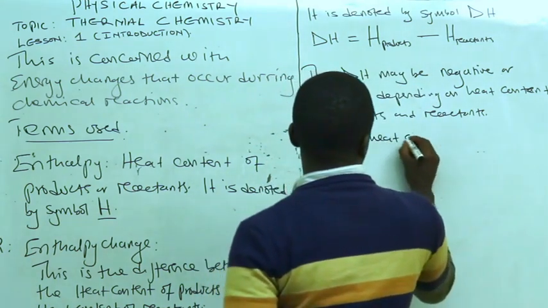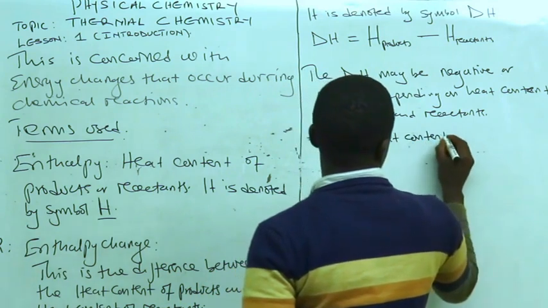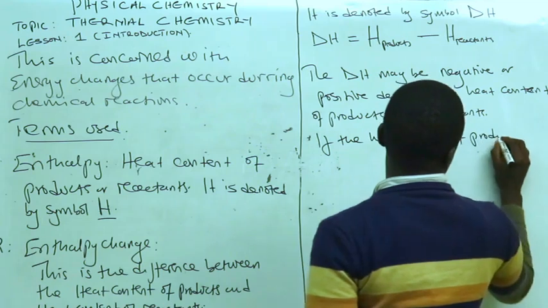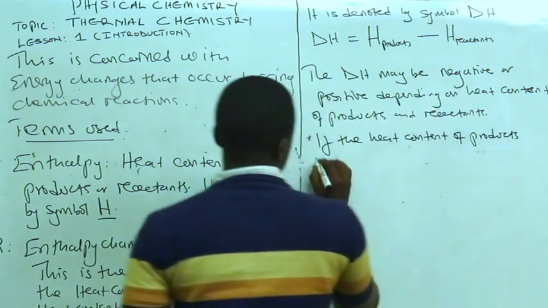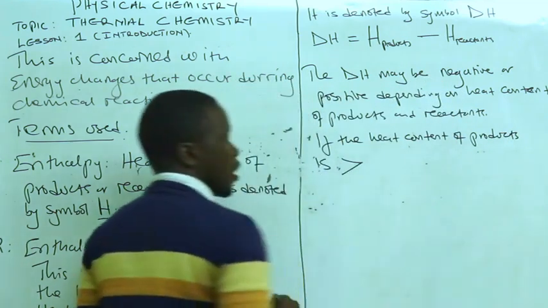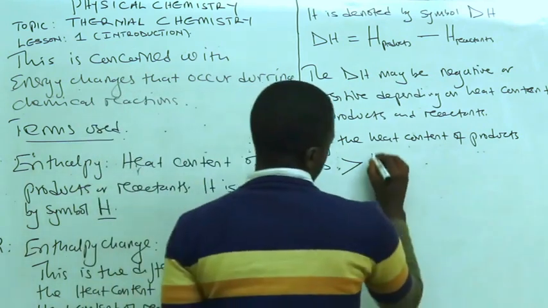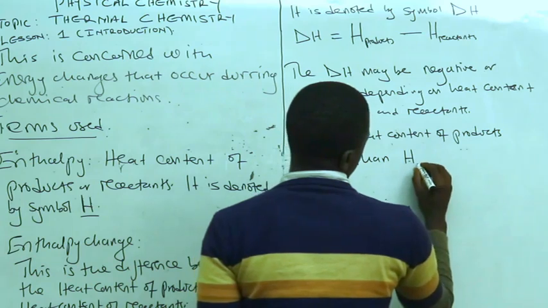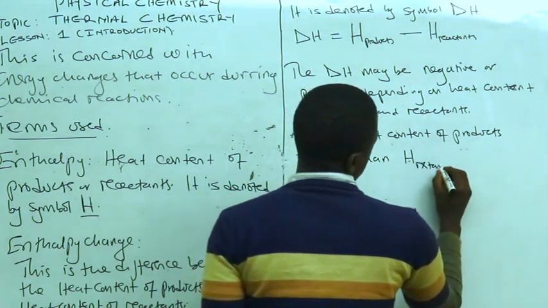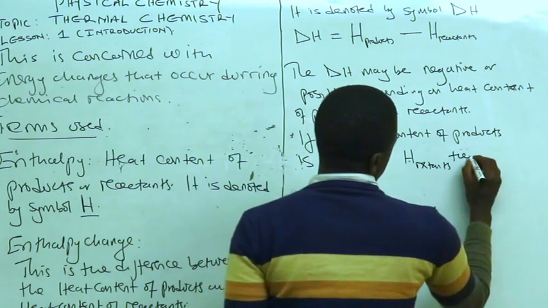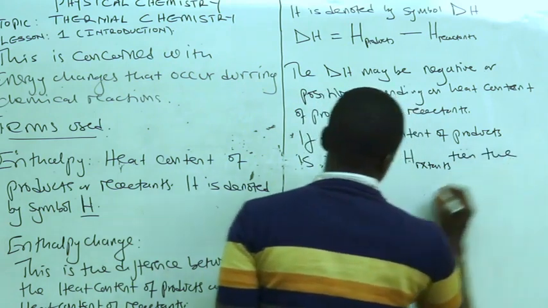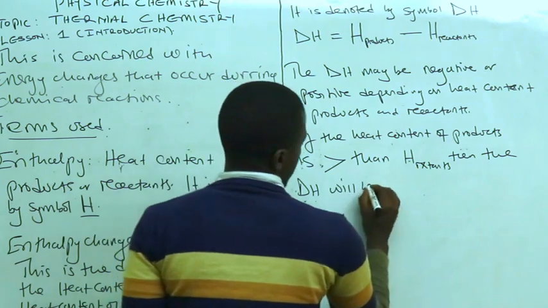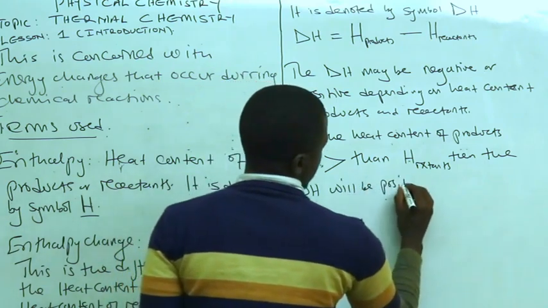If the heat content of the products is greater than the heat content of the reactants, then the ΔH will be positive.